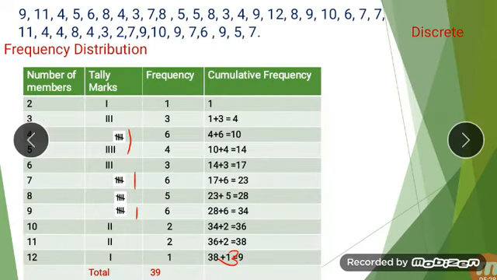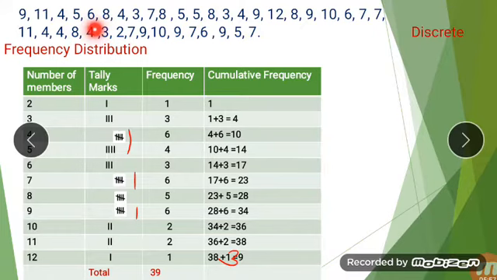So we can start from the minimum observation and proceed towards the maximum observation: 2, then 3, 4, 5, 6, 7, 8, 9, 10, 11, then 12. Now tally marks are used to record the observations. Like 2 exists 1 time in the data, so 1 tally. 3 exists 1, 2, and 3, so 3.